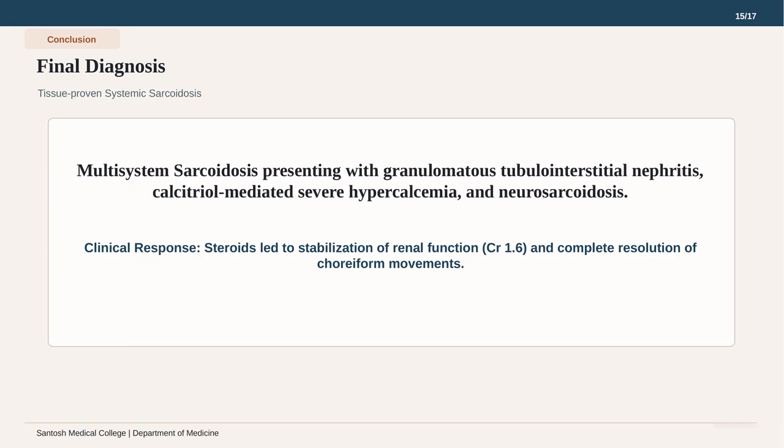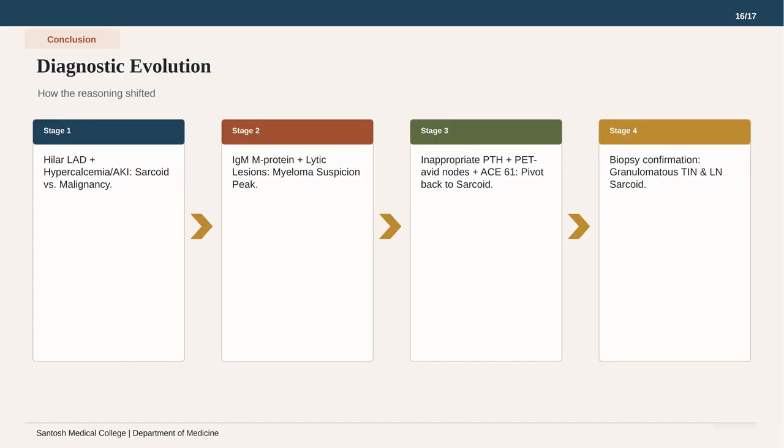It is helpful to review exactly how our diagnostic focus shifted over time to reach this point. This timeline illustrates the fascinating evolution of our clinical reasoning across the 4 stages. In stage 1, the hilar lymphadenopathy and hypercalcemia had us debating between sarcoidosis and malignancy. By stage 2, the discovery of the IgM protein and lytic lesions caused our suspicion for multiple myeloma to peak.